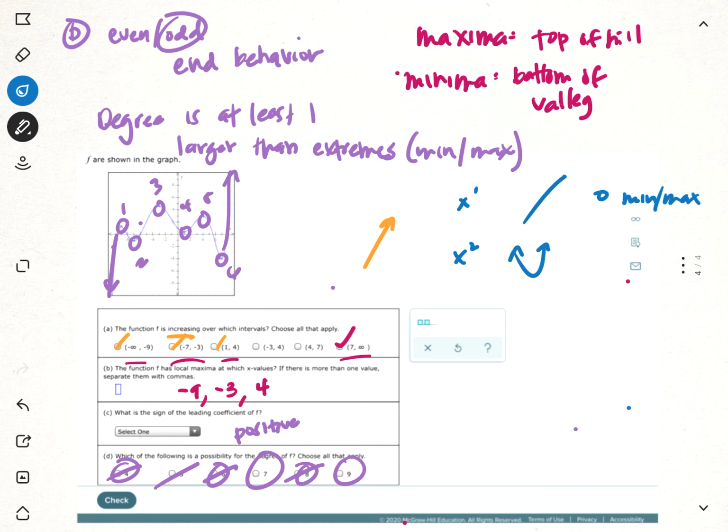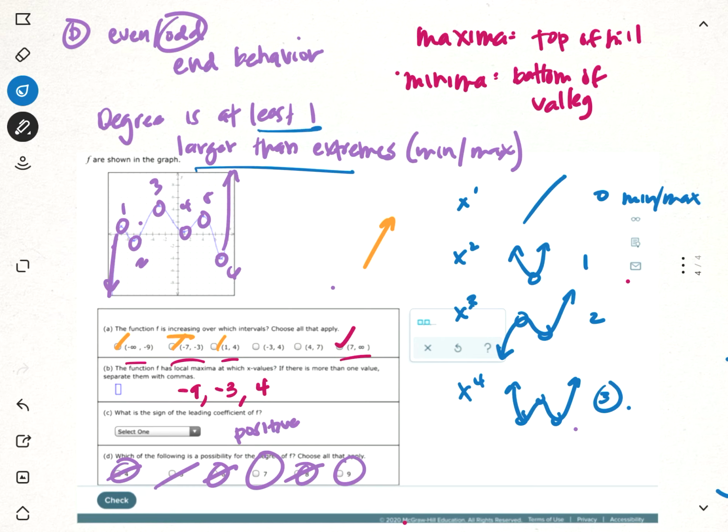X squared is a parabola, so there's going to be 1 min or max. It turns right there from decreasing to increasing. And if it's negative, same idea, it's upside down, so we just have a max instead of a min. So x cubed looks like this, with 2 turns. And then x to the 4th could possibly look like this, with 3 turns. So again, the degree is always at least 1 larger than the number of extremes, the mins and maxes.